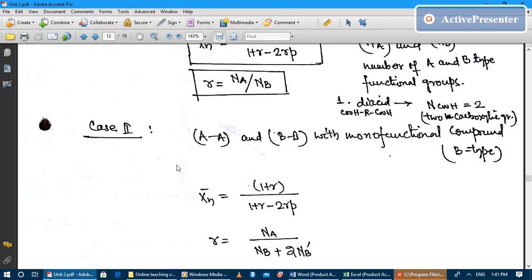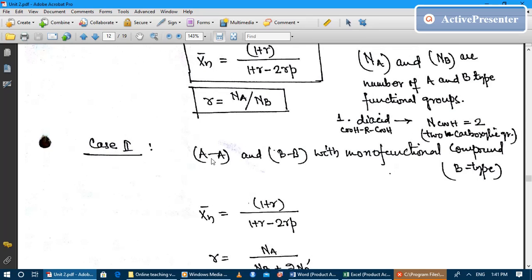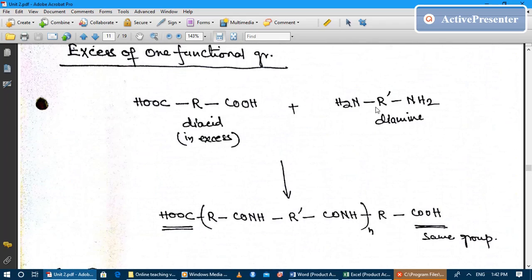Okay. The second case is AA and BB type monomers with a monofunctional compound of B type. That means a diamine AA and a diacid BB are going to react to form a polyamide with a monofunctional compound of B type. B type means benzoic acid, as in this case.